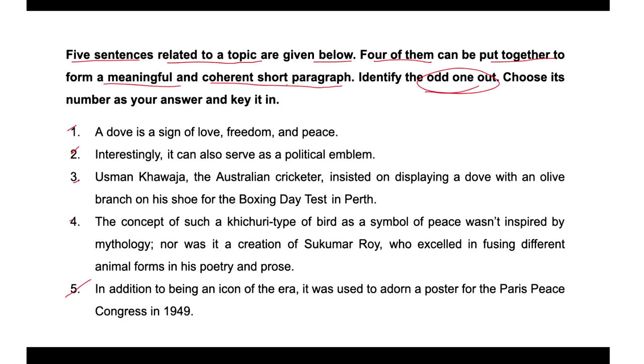And once we get the meaningful text, then the odd one out becomes very easy to identify, isn't it? Let's go for this. In this test, we need to identify which sentence disrupts the coherence of forming a meaningful paragraph with the other sentences.